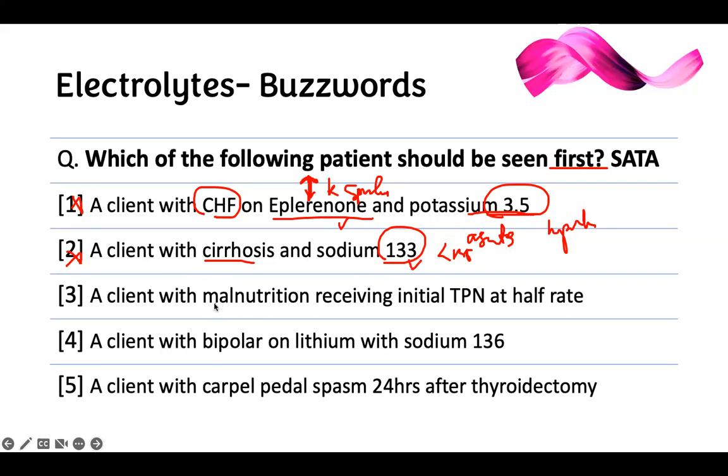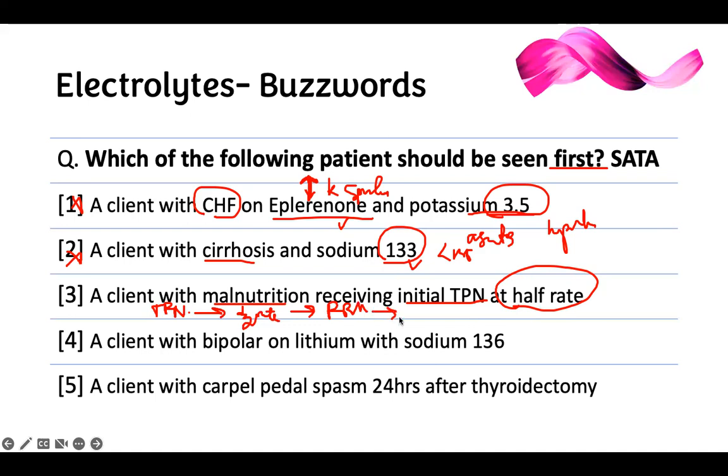A client with malnutrition receiving initial TPN at half rate. This they can ask you. This is refeeding syndrome. So somebody with the TPN is malnourished. When you start feeding them, you want to give them half rate of the nutrition. If you don't do that, the cause is refeeding syndrome.